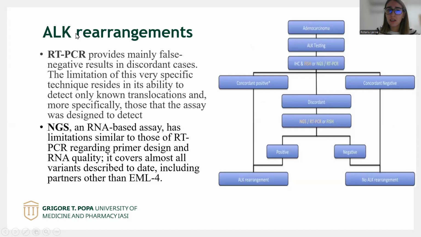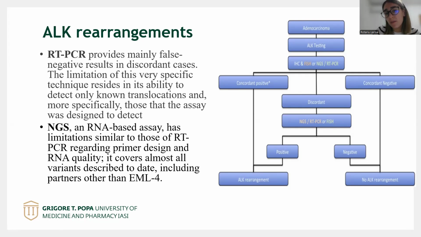In the case of ALK, RT-PCR and NGS are not preferred. RT-PCR provides mainly false negative results. The limitation resides in its ability to detect only known translocations, and more specifically those that the assay was designed to detect.